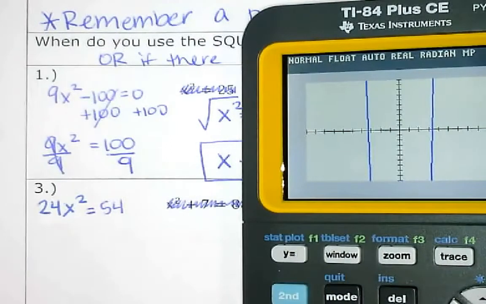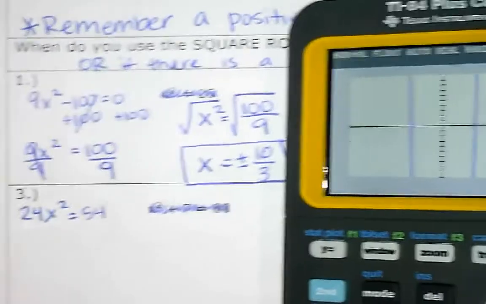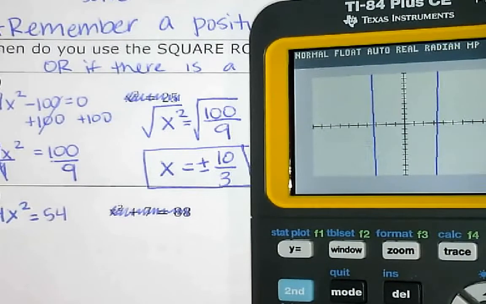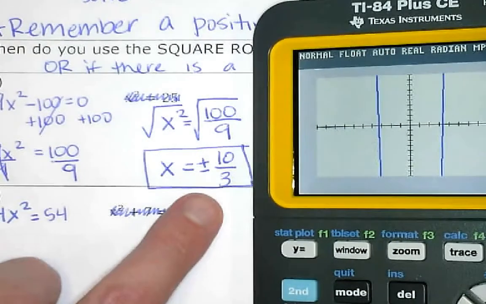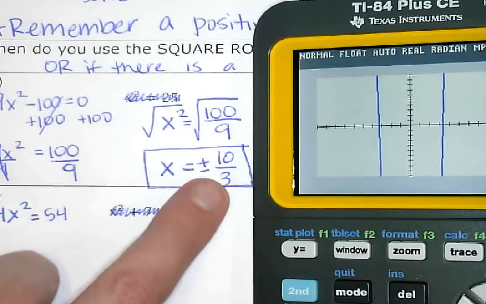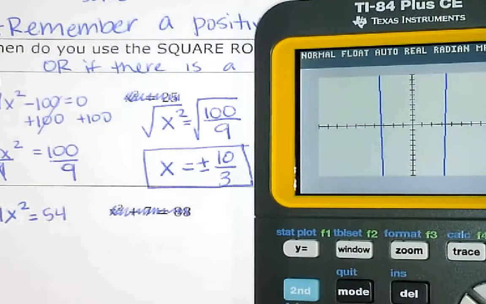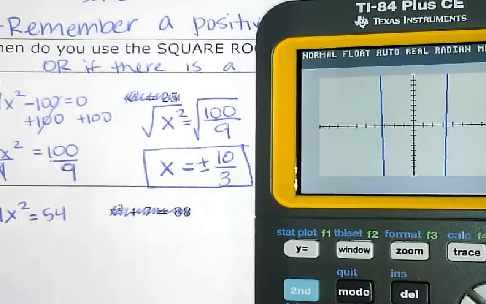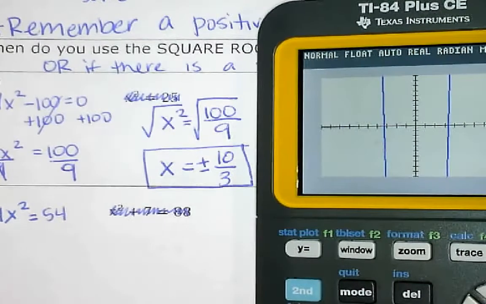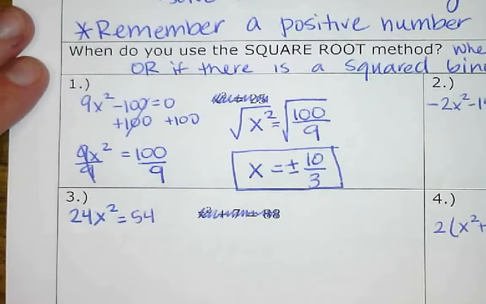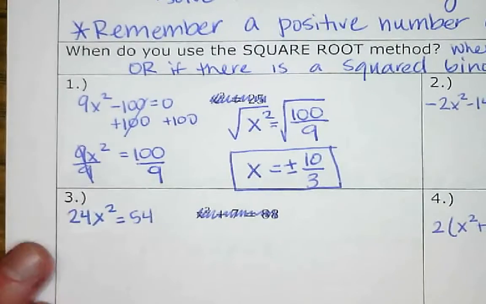So my solutions are positive 10/3 and negative 10/3. Do y'all feel good about that? So this is one way you can do that. Just by looking at the graph and looking at the table, we would not be able to get those values. We would have to use that second trace menu to get those decimal values. All right? Or you can just do it with the square root method with just some good old algebra.